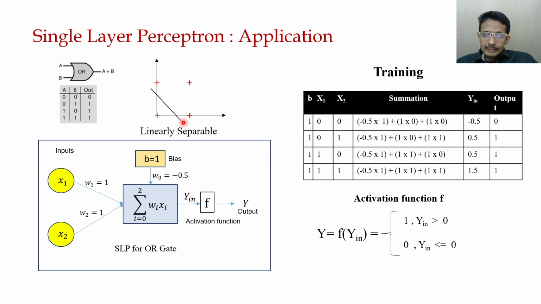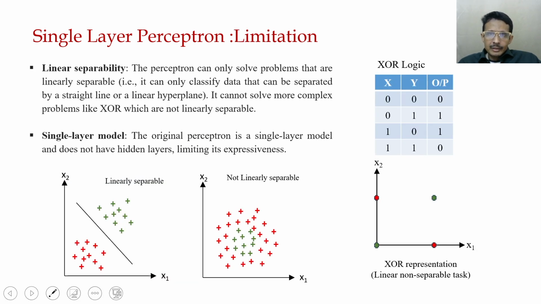Now again take another example, that is if we want to do the XOR logic. The XOR logic is 0 0 0, 0 1 1, 1 0 1 and 1 1 0. Now you can see that if we plot this XOR representation, this kind of pattern will come. Can you find a single line to separate this?